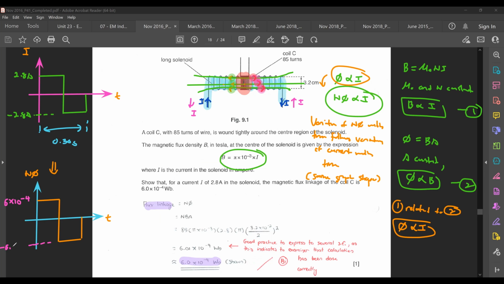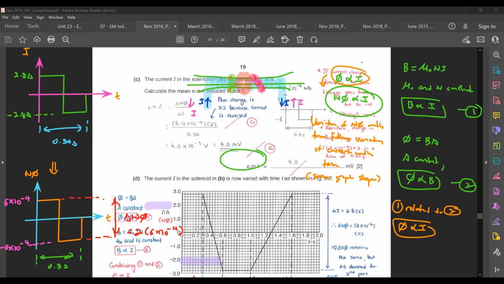You are going to have the same magnitude, just in the opposite direction. So this is the flux linkage right now over a time of 0.3 seconds. When you are asked to find the rate of change of flux linkage to get EMF, you need to first find your change in flux linkage, right? This is your change in flux linkage. It's actually 2 times 6 times 10 power minus 4.